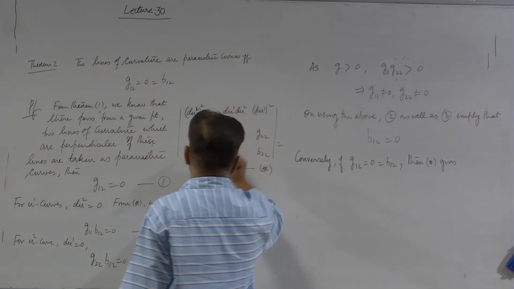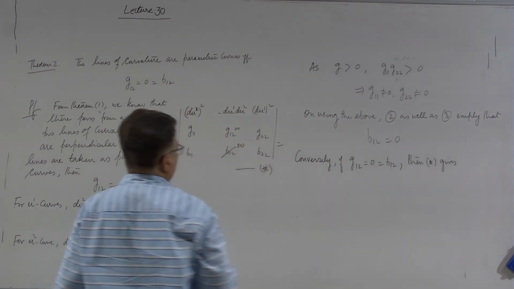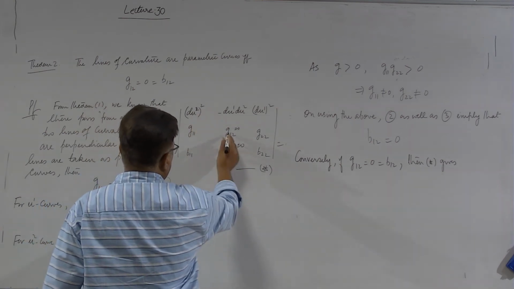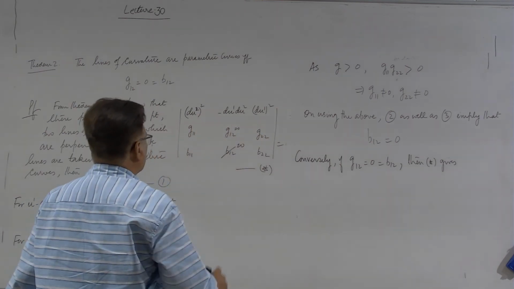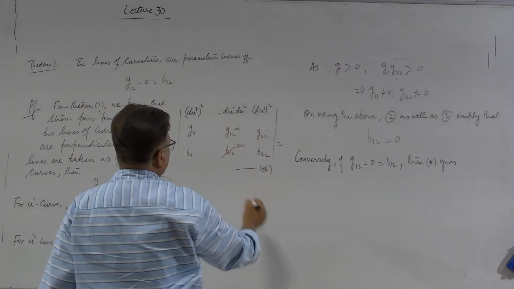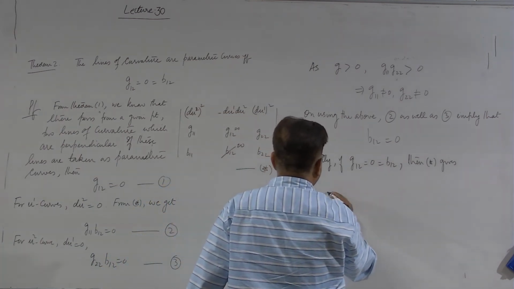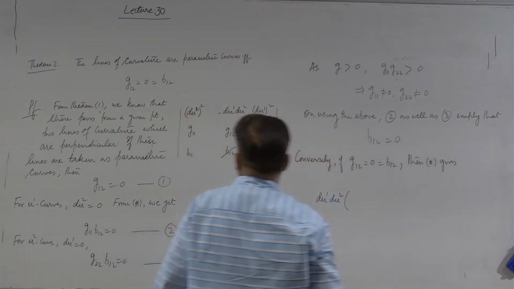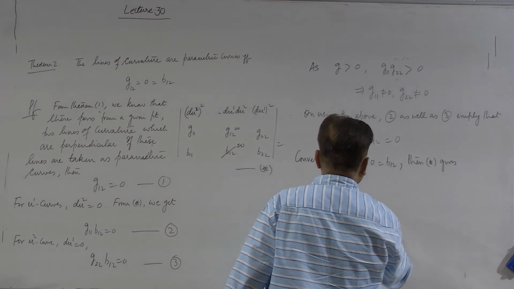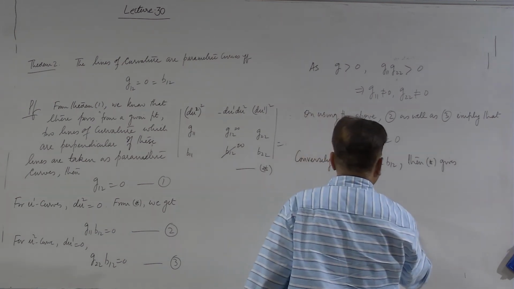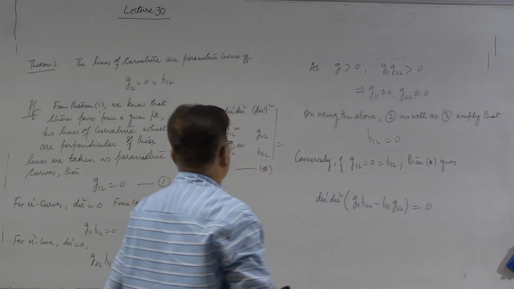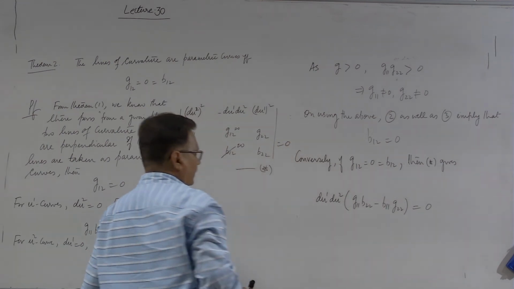Put g12 equal to 0 as well as b12 equal to 0. So, you will be getting with du2 this both are 0, so is 0. With du1 du2, with this also you will get 0, only du1 into du2 multiplied by g11 into b22 minus b11 into g22 equal to 0, because the right side here is 0. Okay.